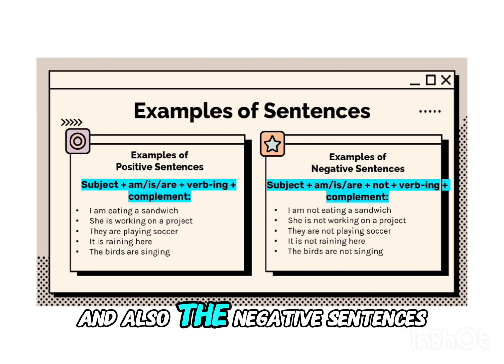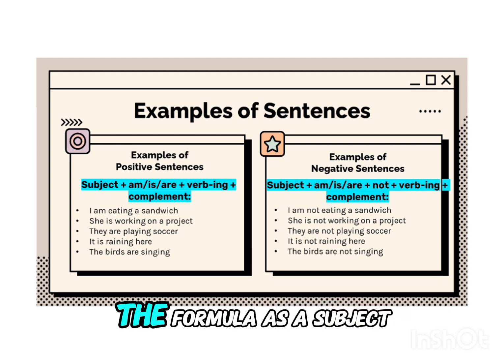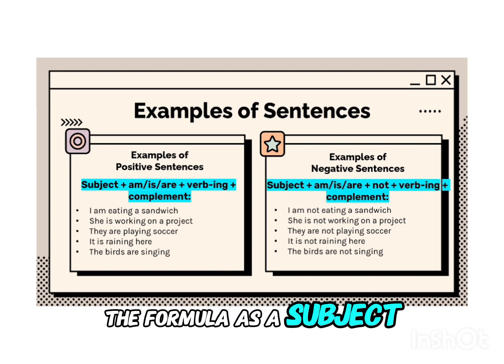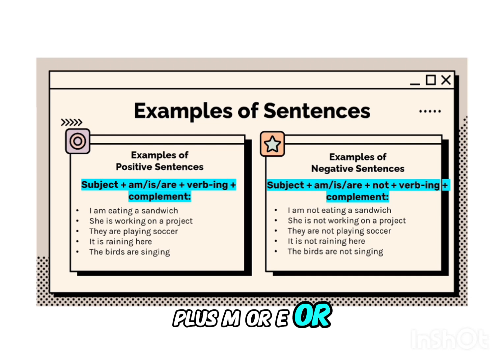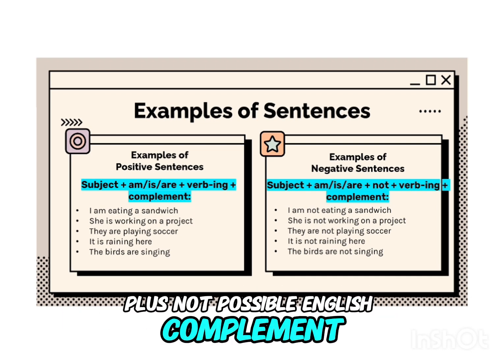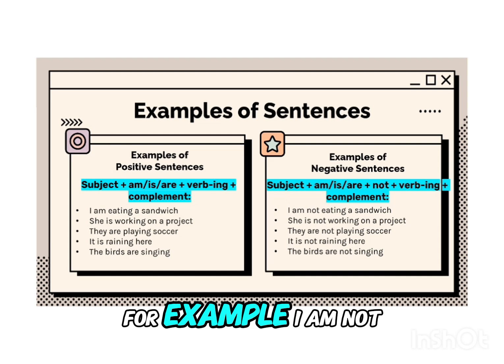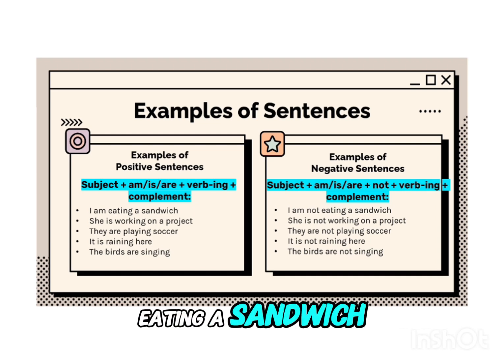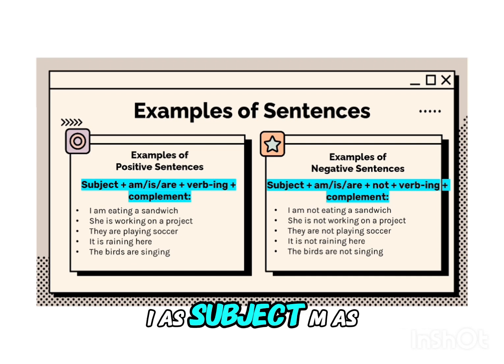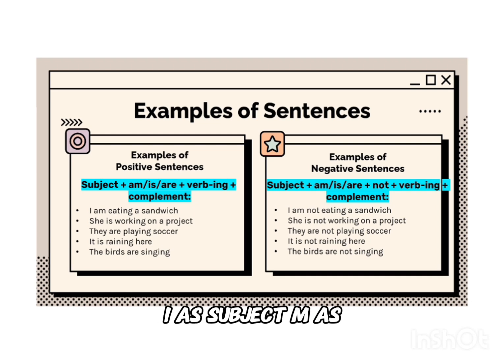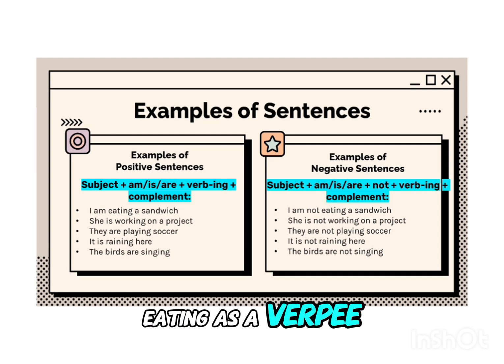And also the negative sentences, the formula is subject plus am or is or are as a to be, plus not, plus verb-ing, plus complement. For the example, I am not eating a sandwich. I as subject, am as to be, not as not, eating as a verb-ing.